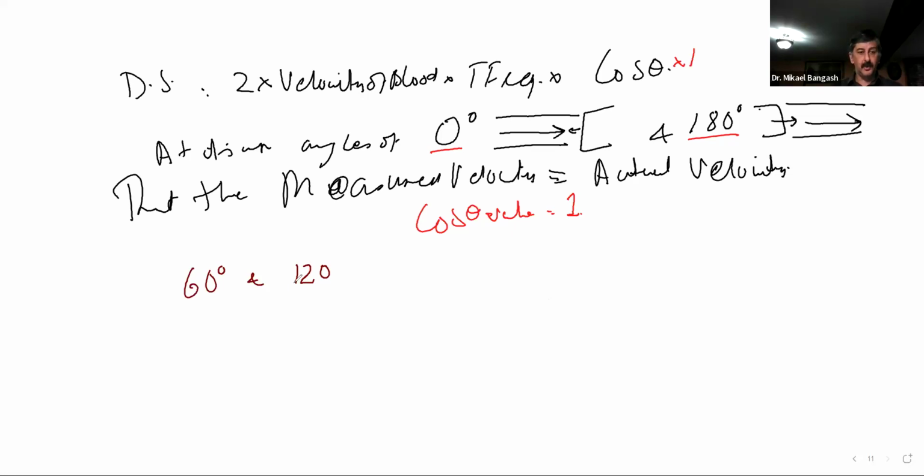Now, what did these two angles respectively have? Their cosine theta values were plus 0.5, and the cosine theta value of this one here was minus 0.5.